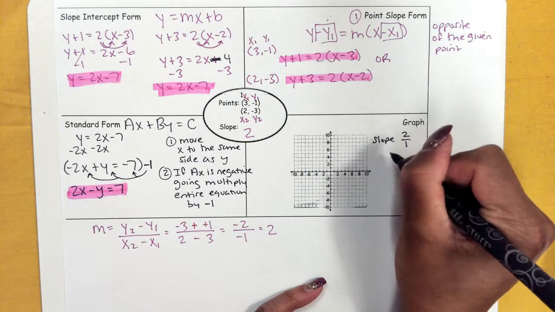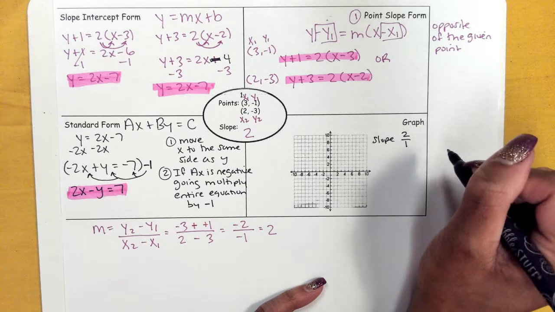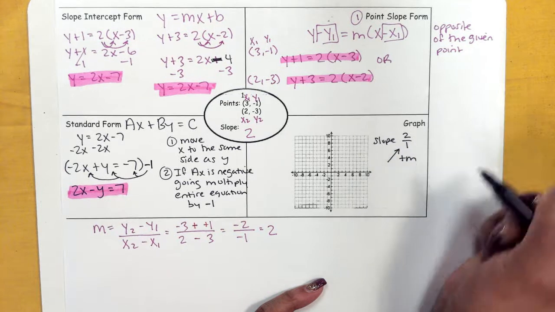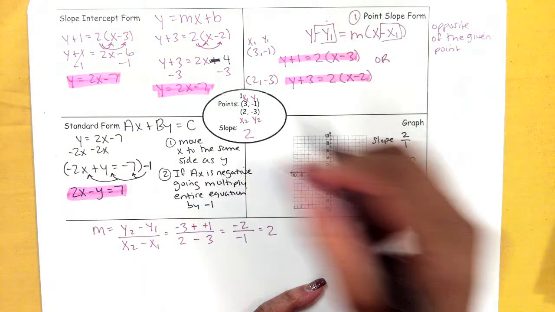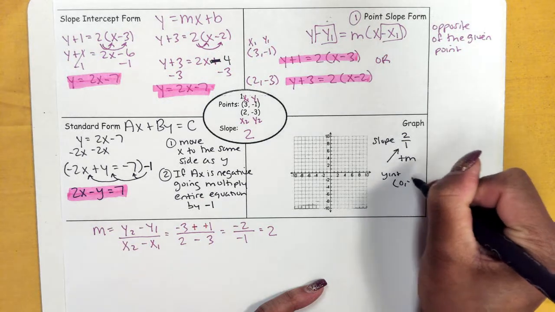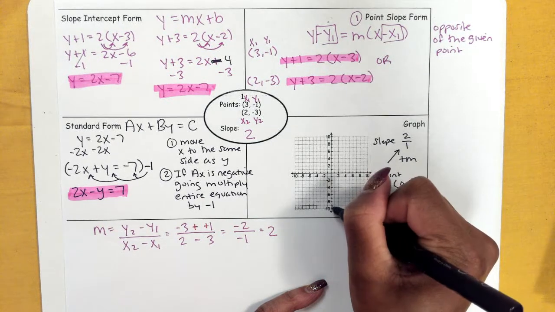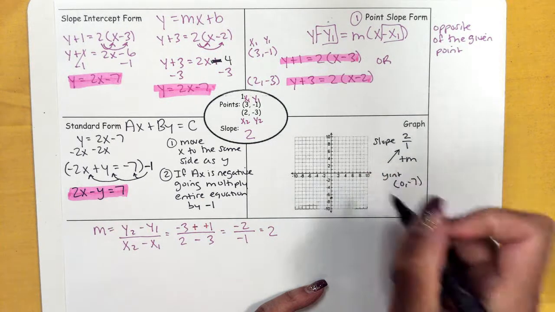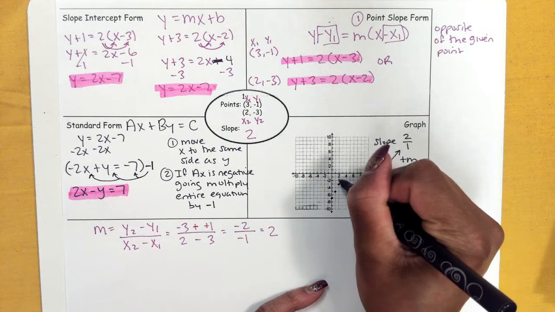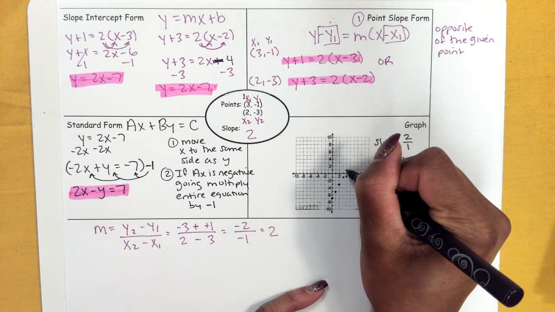So I'm going to rise 2 and run 1, and note that my line should be increasing because I have a positive m. Our y-intercept is at (0, negative 7). I'm going to go down to negative 7, and I'm going to rise up 2 and go over 1, all the way until I have no more room left.